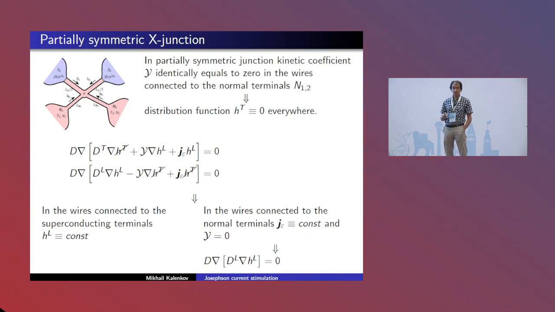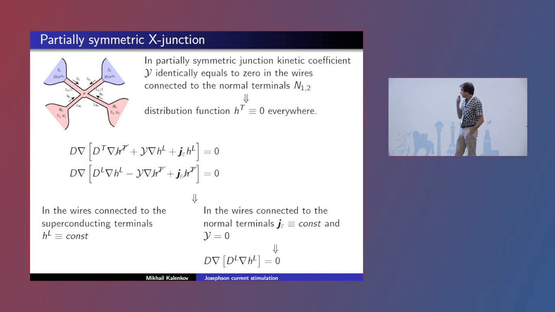In the partially symmetric X junction, there is a large simplification, because, as I said, there are no induced voltages there, so the HT distribution function equals 0 identically. Also, again due to the symmetry, the Y kinetic coefficient equals 0 in the wires connected to the normal terminals.